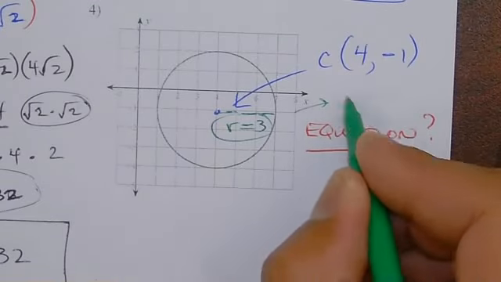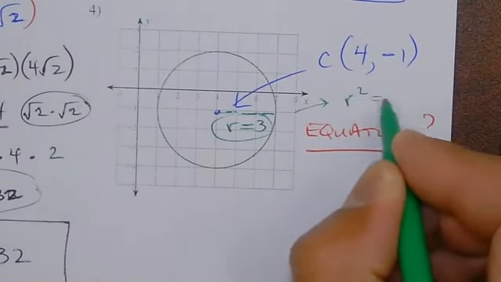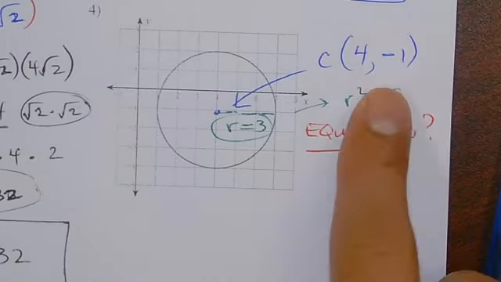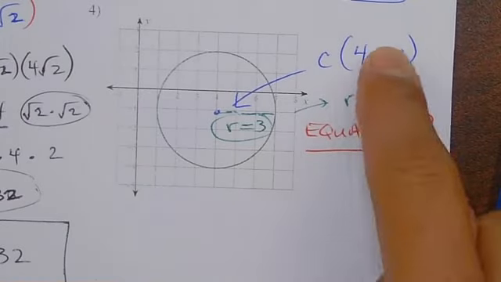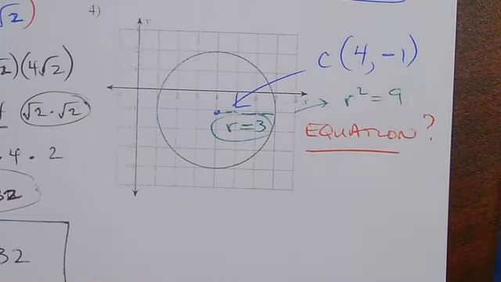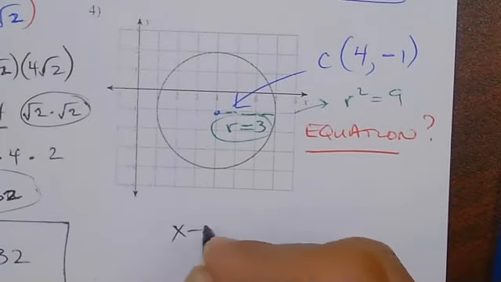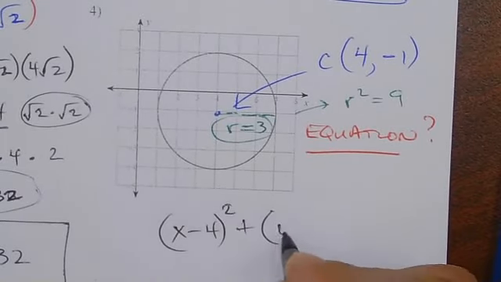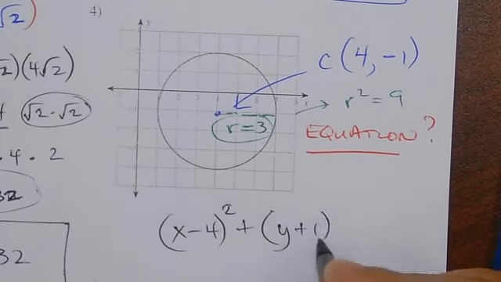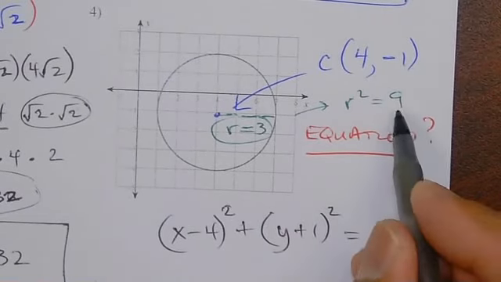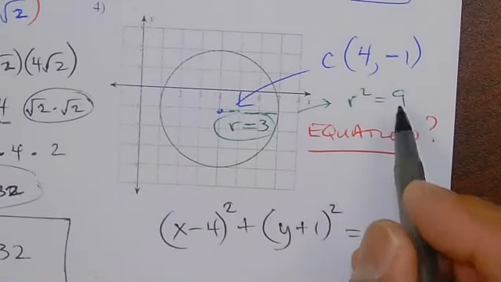All right, if the radius is 3, then what's the radius squared? Then square both sides, you get 9, no? Oh, yeah. Okay, now you can write the equation. Now I have the center and the radius squared. Write the equation. That's going to be x minus 4 squared plus y plus 1 squared, right?